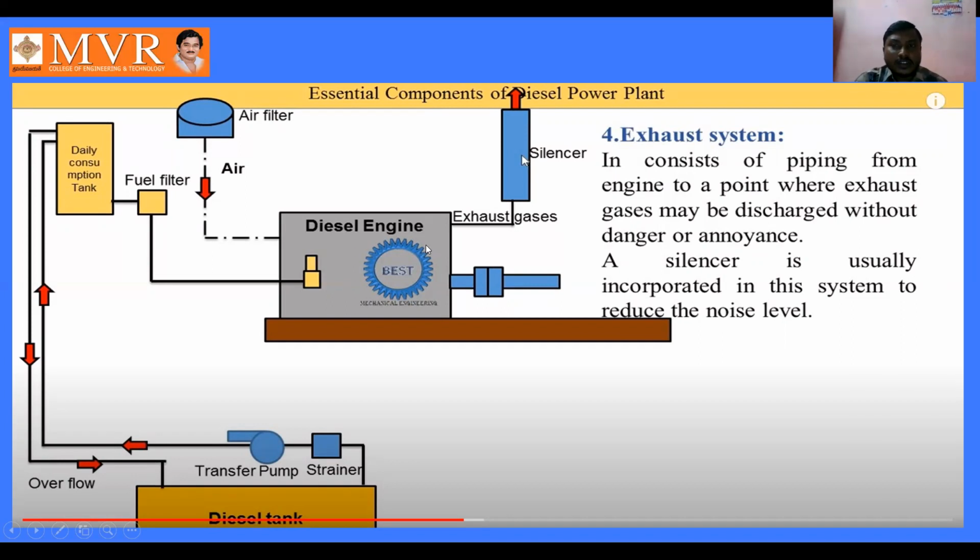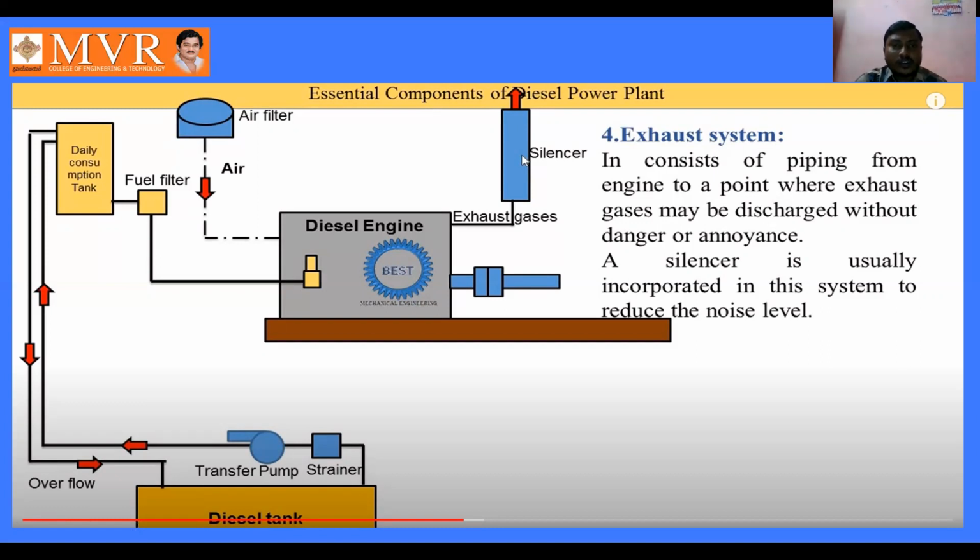When the diesel enters the diesel engine or the cylinders, it is in the form of chemical energy. When combustion takes place, a chemical reaction occurs and this is transformed into heat energy, which releases some exhaust gases.